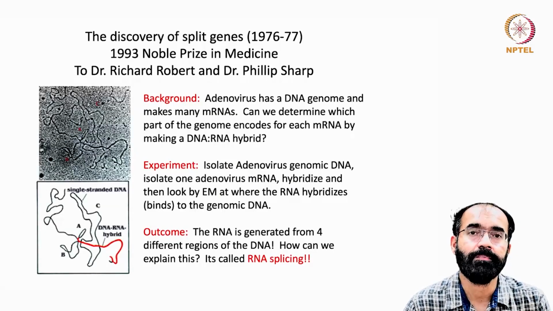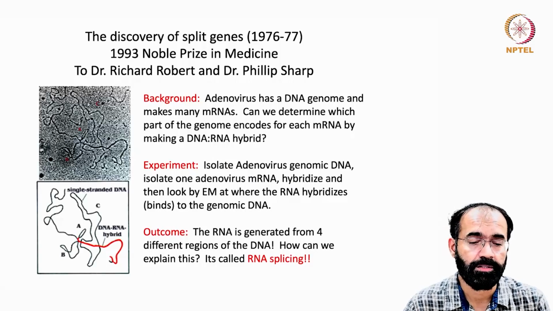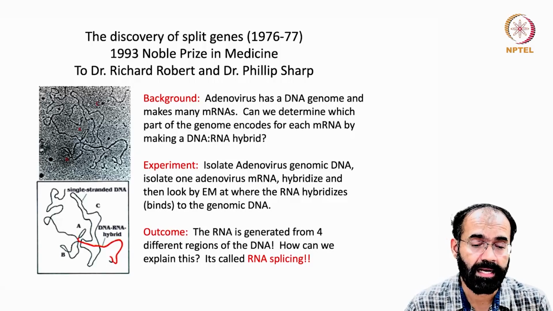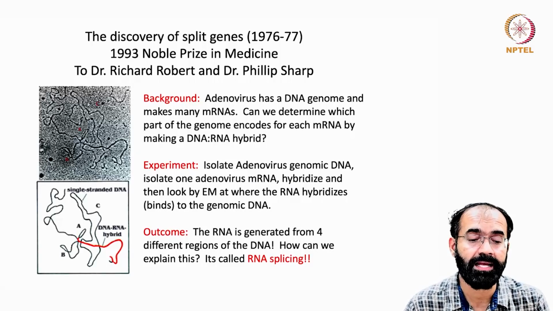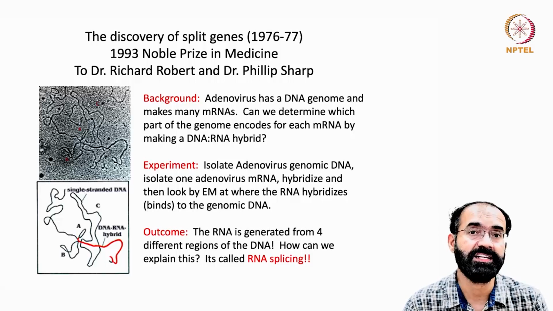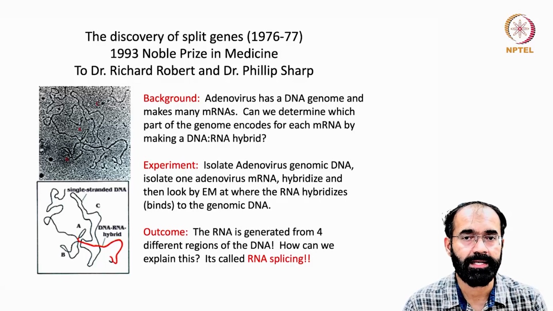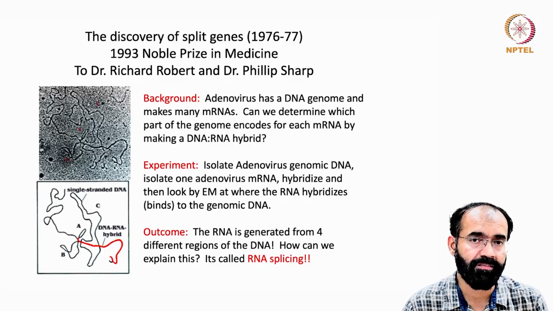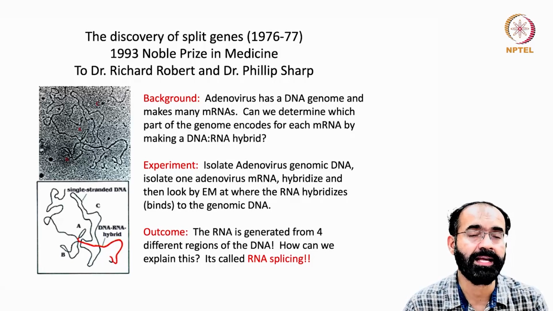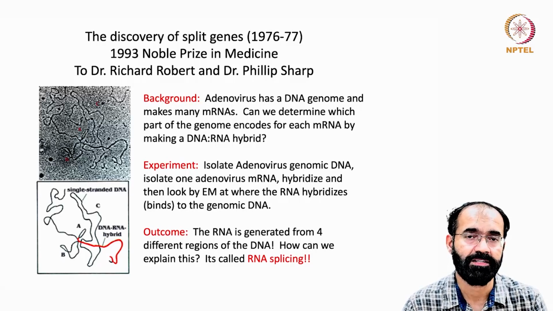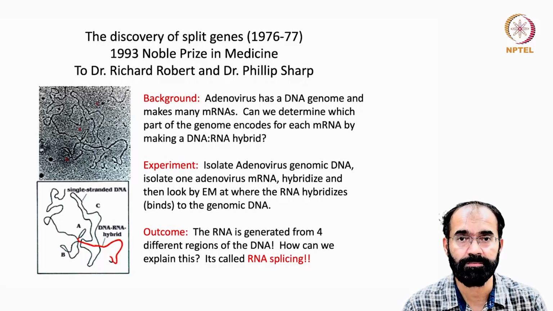The discoverers, Richard Roberts and Philip Sharp, named them split genes because they knew that in the genome, say 1 to 1000 bases are there, but when it comes to RNA, 1 to 1000 is not there. Say 1 to 100 is present, then 100 to 500 is missing, 500 to 700 is present, 700 to 900 is missing, and 900 to 1000 is present.